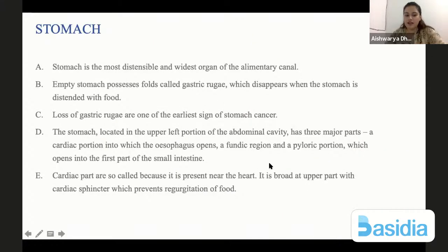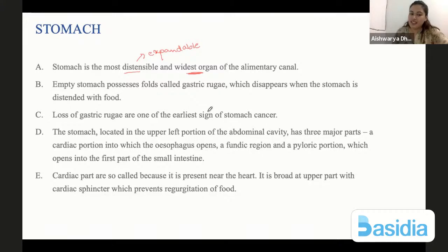Next, we have the stomach. So stomach is the most distensible, that means most expandable, and the widest part or the widest organ of the alimentary canal, because it can expand a lot.